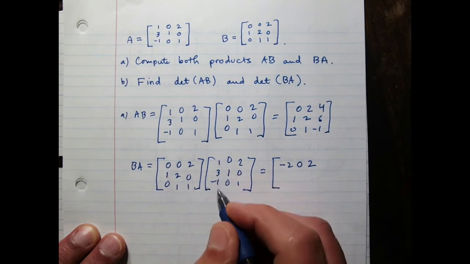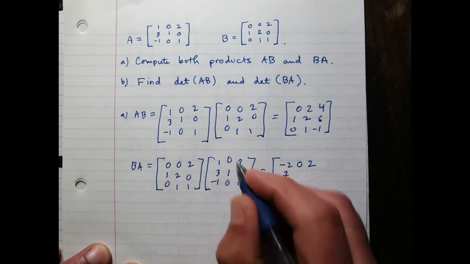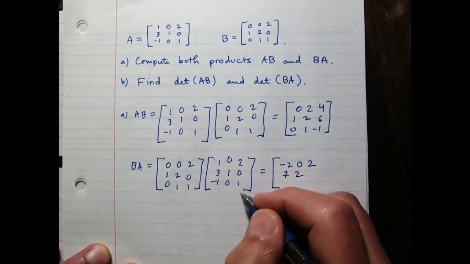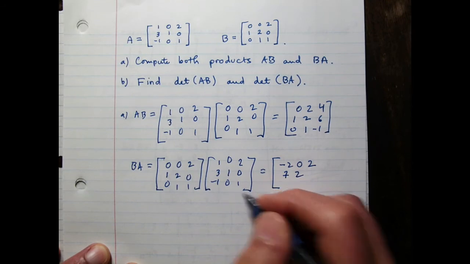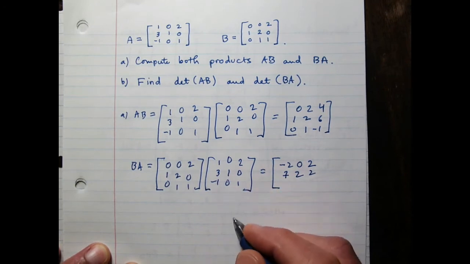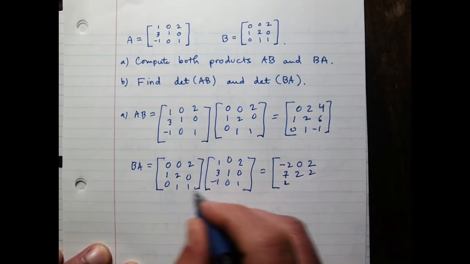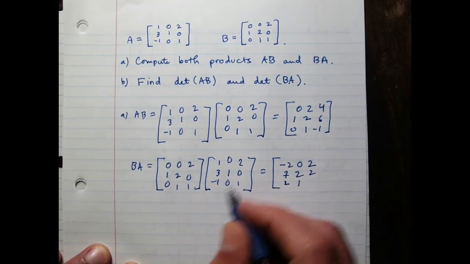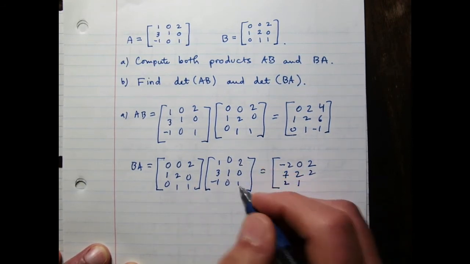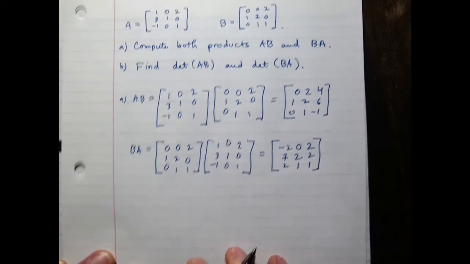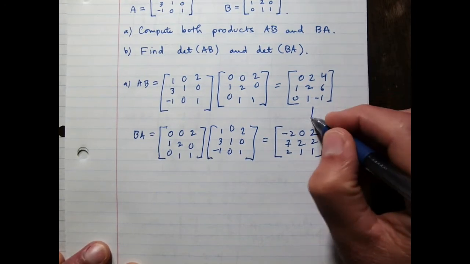Now second row, first column, I get 1 plus 6 is 7. I get 2. I get 2 plus 0 plus 0. Third row, first column, I get 2. Third row, second column, I get 1. Third row, third column, I get 1. Okay. Now, so these are different, of course.